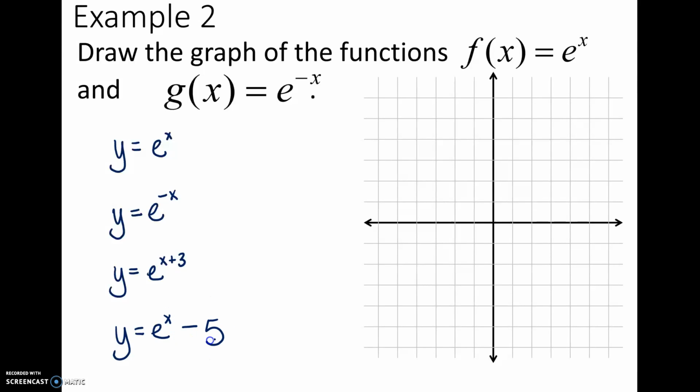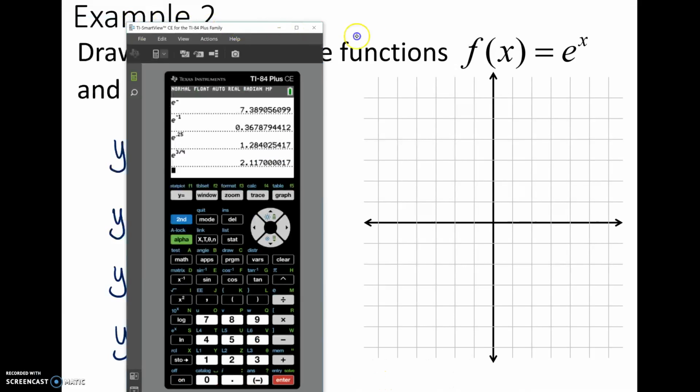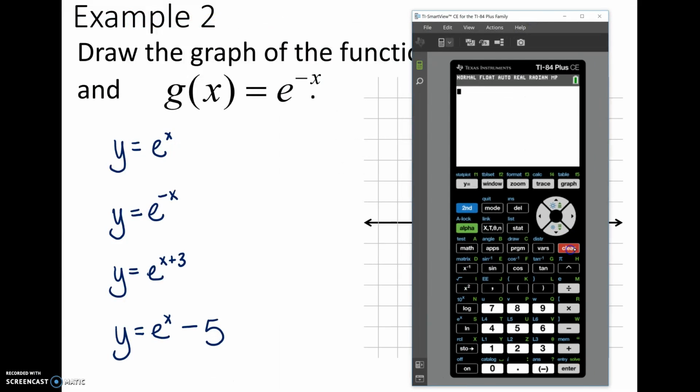So those aren't in your notes, but we're going to talk about them briefly. So in our calculator, how do we graph something? What screen do we go to graph? The graph screen. The y equals screen.